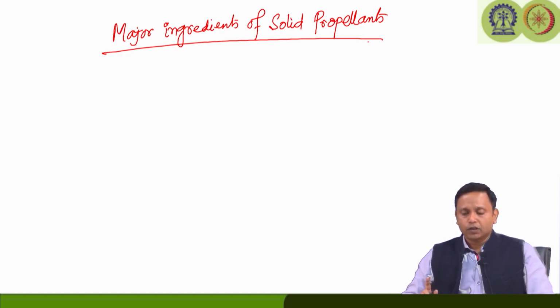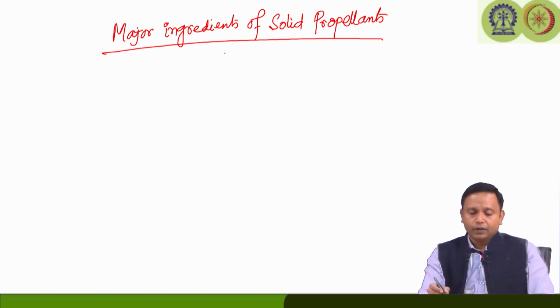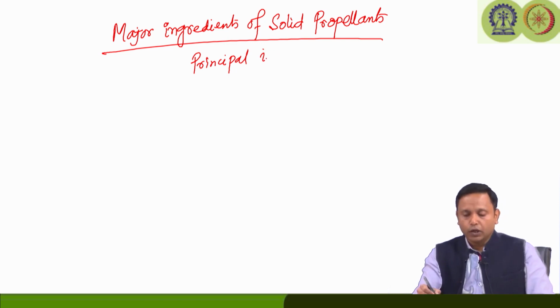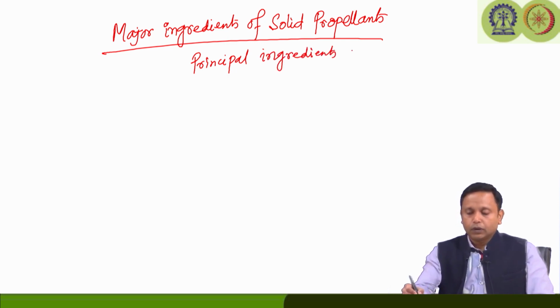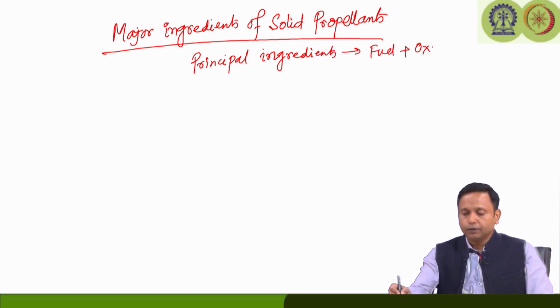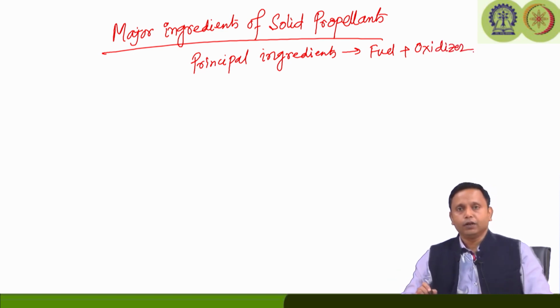But we must acknowledge the fact that the principal ingredients, without which the propellant cannot work, are the fuel and the oxidizer. These must be present in order to have it as a propellant.